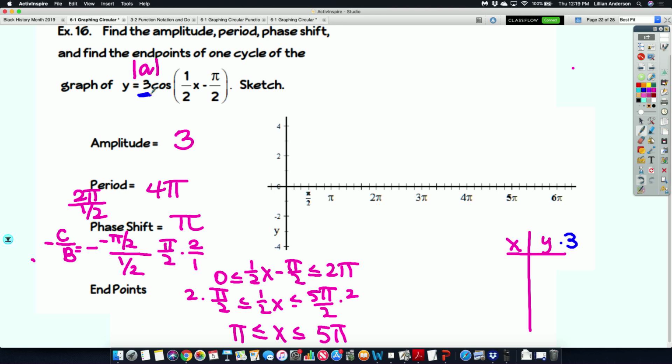So it's going to be multiplied by what? 2. And then I'm going to add pi after that, because that's my phase shift. That's what's happening to my x's and my y's. Remember, guys, when it comes to that horizontal stretch or shrink, it's always 1 over the value of b.